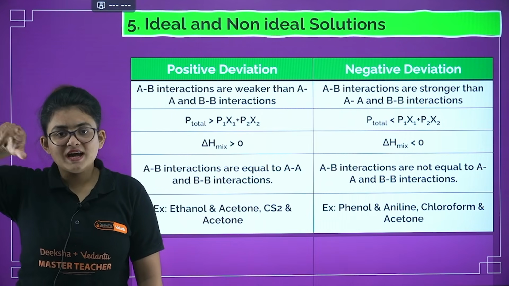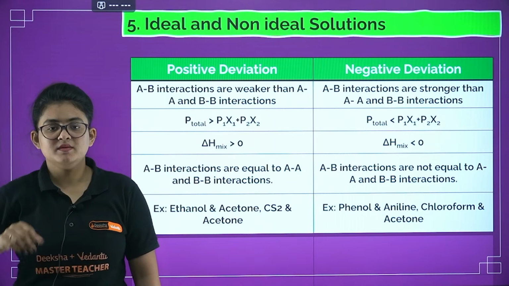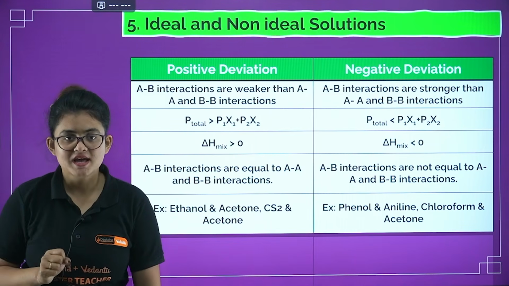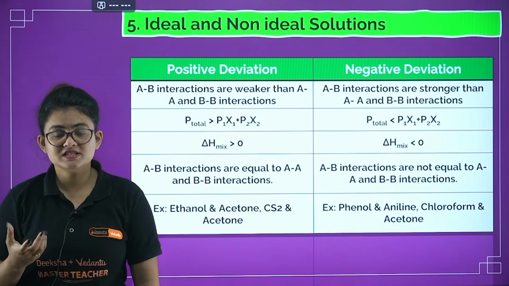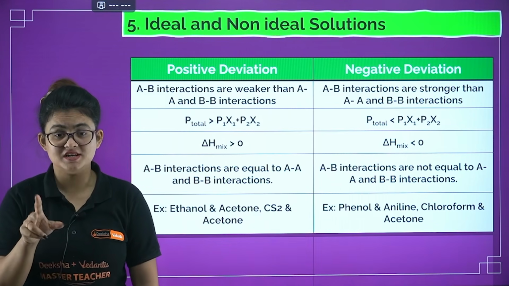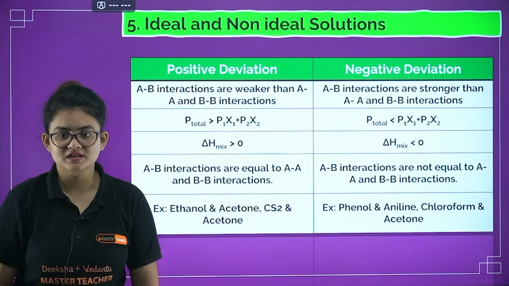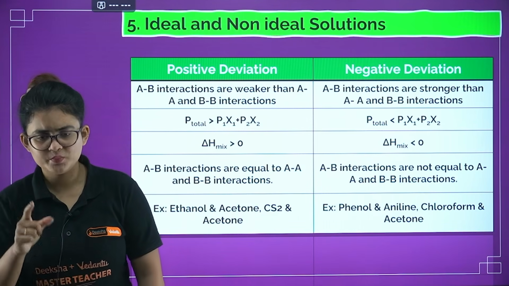In between two ethanol molecules, where a hydrogen bond was formed, acetone is coming in between, right? As a result of this, the interaction gets weaker. So the A-B ethanol-acetone interaction is weaker than the individual ethanol and acetone interactions. I guess it's clear to you.